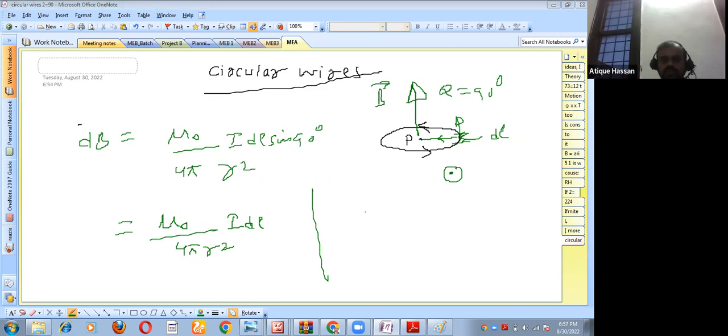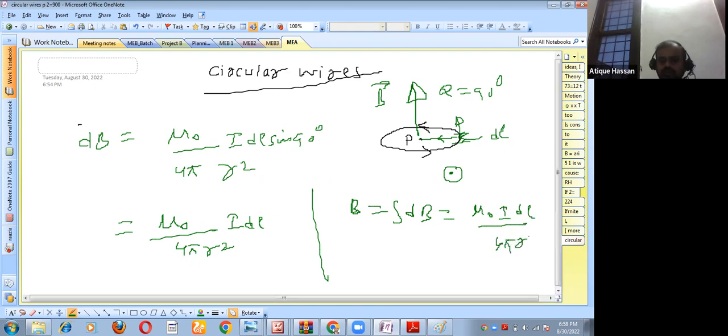So to find the total field, what you have to do? We have to integrate dB. So we will get mu naught I dl by 4 pi r square. So all are constant. R is also constant. So integrate this. So we'll get mu naught I by 4 pi r square, and this is basically total length.